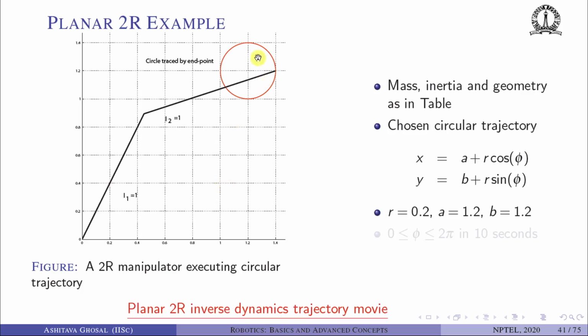It is located at a distance from the origin, and the whole circle lies inside the workspace. We have this parameter phi, which varies from 0 to 2 pi in about 10 seconds. Later on I will show you the video of this, but as you can see, this is the example that we are interested in.